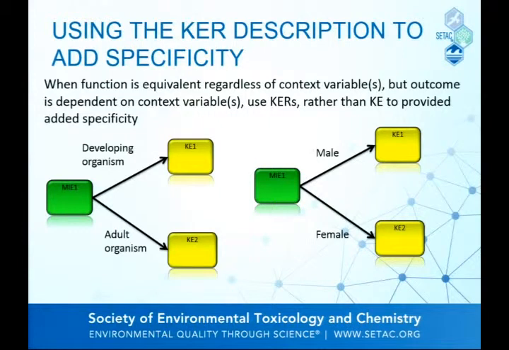I've shown you this already, and I'm going to repeat it because now you're probably going to understand it a little better than the first time I showed it. Basically, function here is equivalent regardless of these context variables, but outcome is dependent on these. Then you can use the key event relationships rather than key events to provide the specificity. So that's what key ERs are there for.